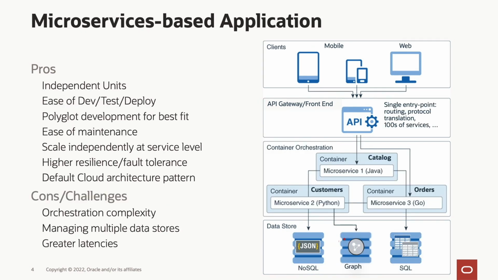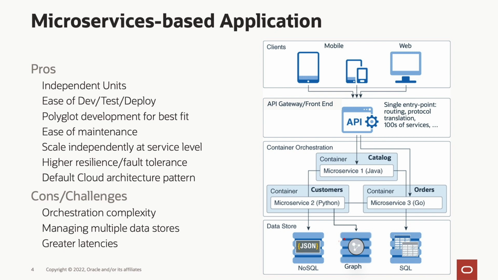We go to the microservices-based applications. There are smaller modules. These are independent units that can be developed, tested, and deployed independently. They are talking to a database on the back end, and that makes it easier to maintain and so on. But there are some challenges also associated with microservices applications.